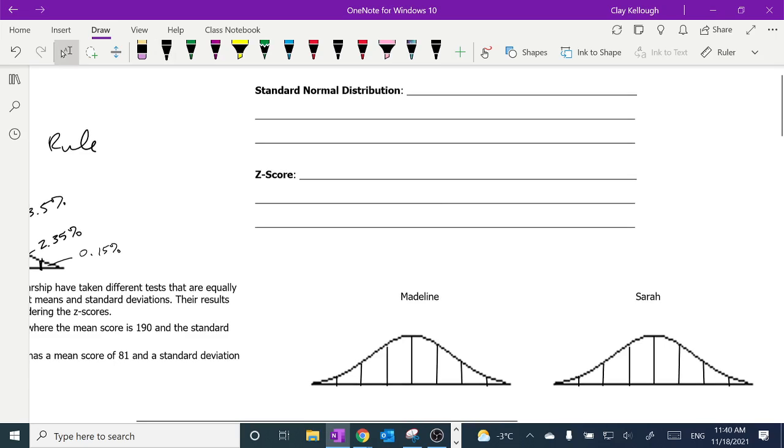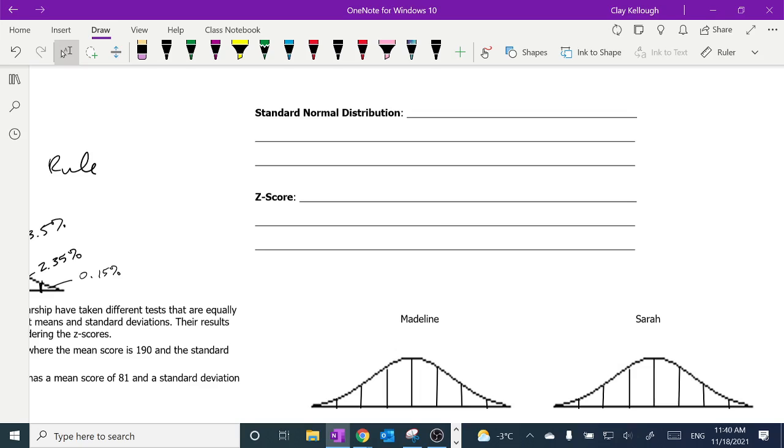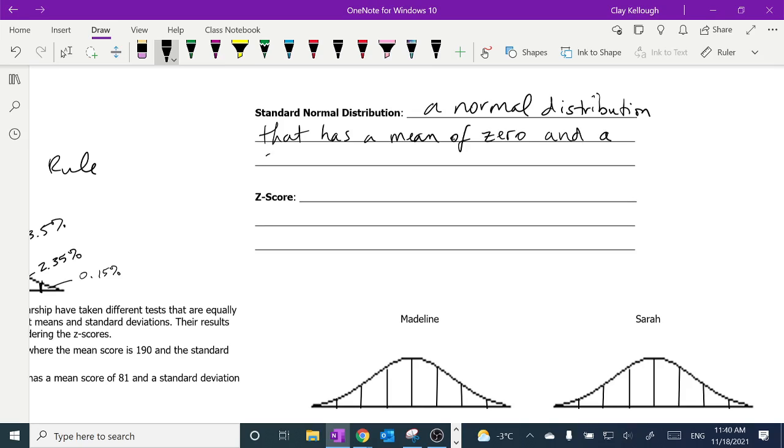Now, first of all, normal distributions can have any mean you want, but a normal distribution that has a mean of 0 and a standard deviation of 1 is called a standard normal distribution.